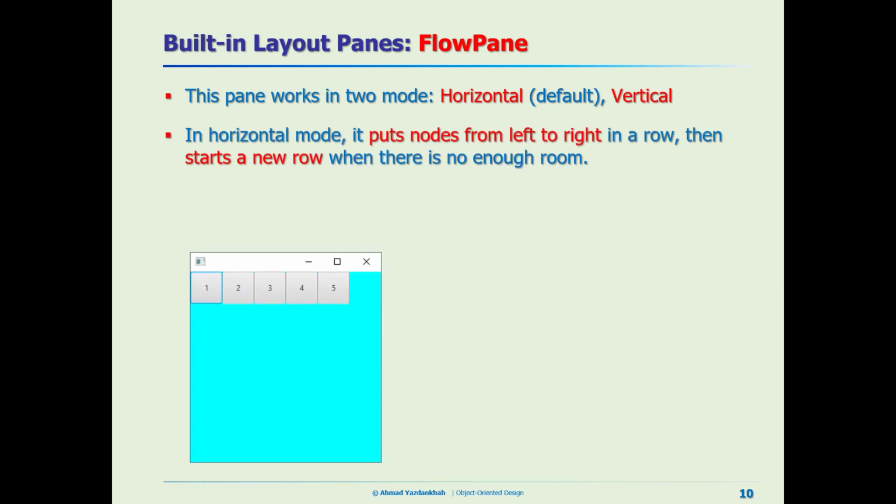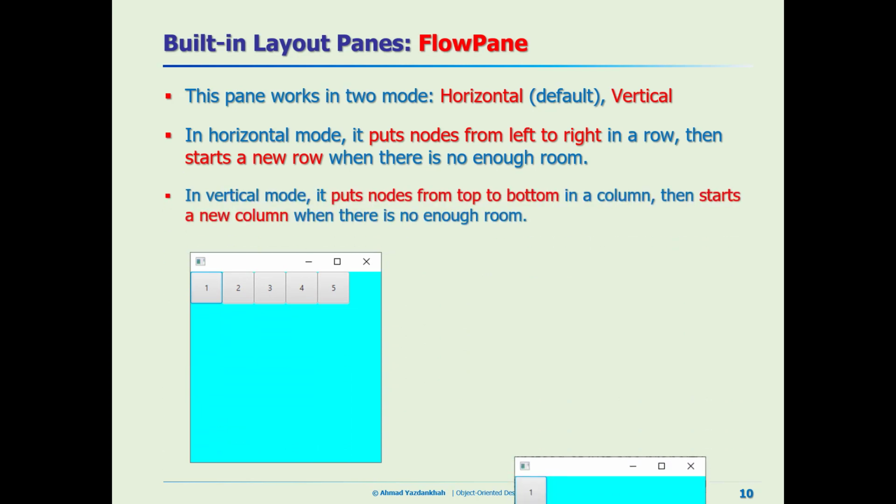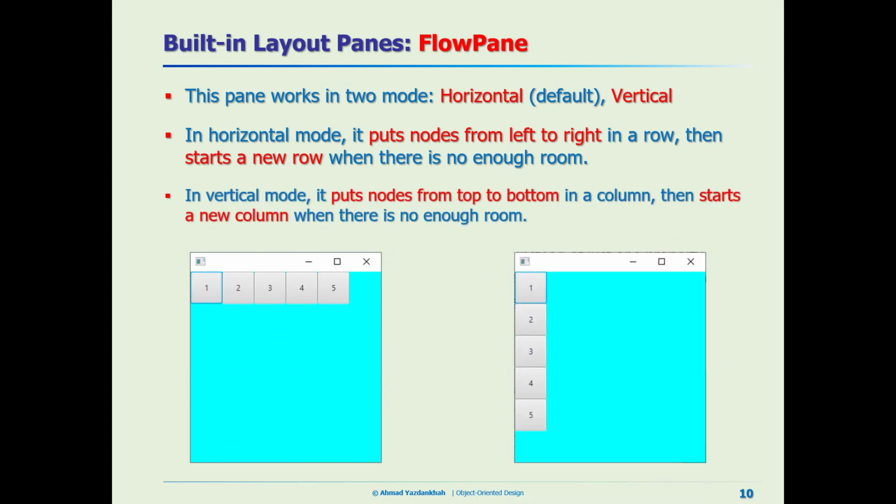So in this case, by using this layout manager, we can put the nodes like this. You see, this is the horizontal mode, and this is the vertical mode. And if we change the size of the window, it will adjust itself accordingly.